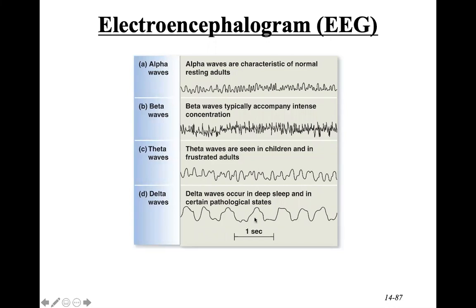And delta waves occur in deep sleep and in certain pathological states. So this is EEG. I'm not going to ask you to identify the waves by the intensity of them, but you should know what alpha, beta, theta, and delta waves represent.